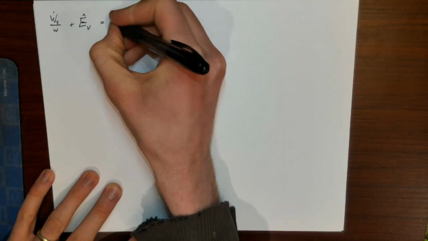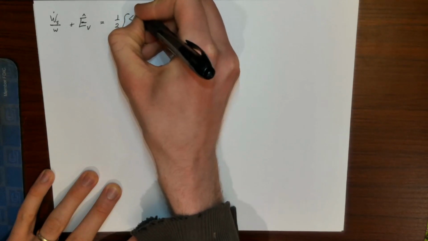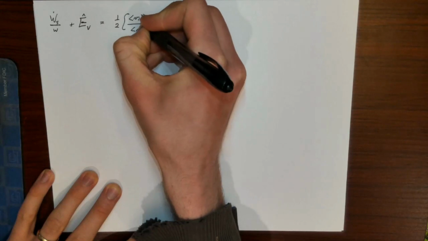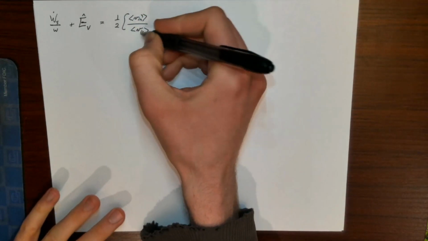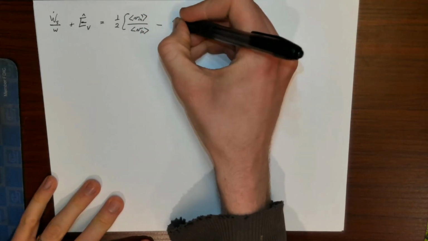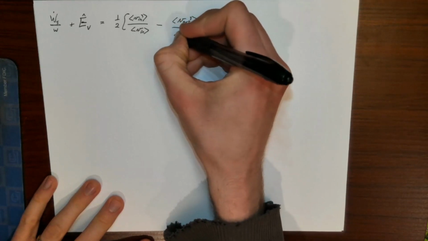And this is equal to 1/2 times this V out squared over V in squared. This bracketed thing was an average over the cross section. So this is essentially the kinetic energy into our system and the kinetic energy out of our system.